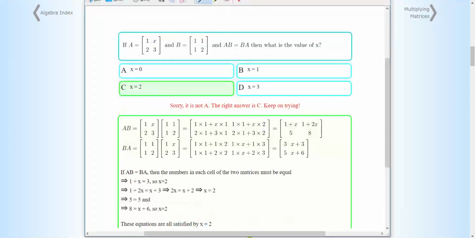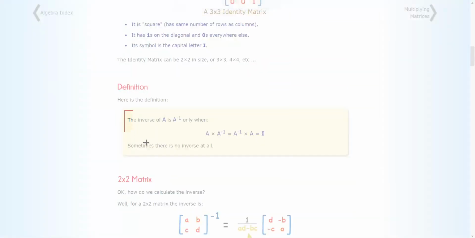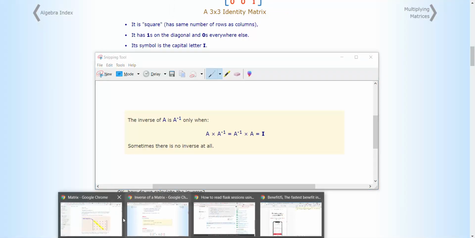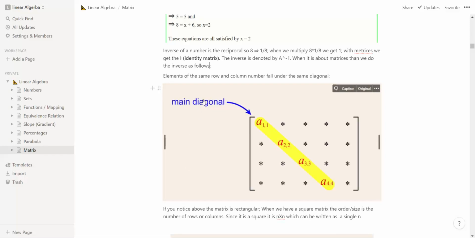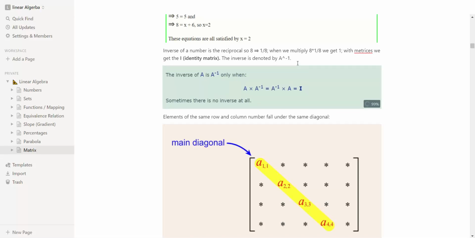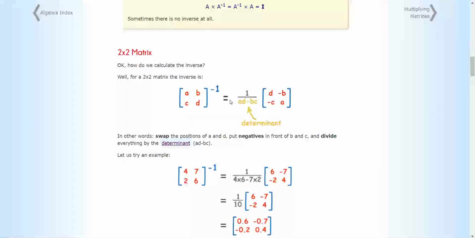So I think we should actually copy this because this is a really important note. Let's keep on going.